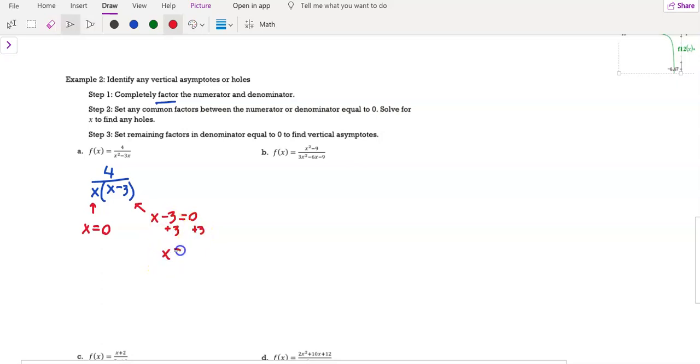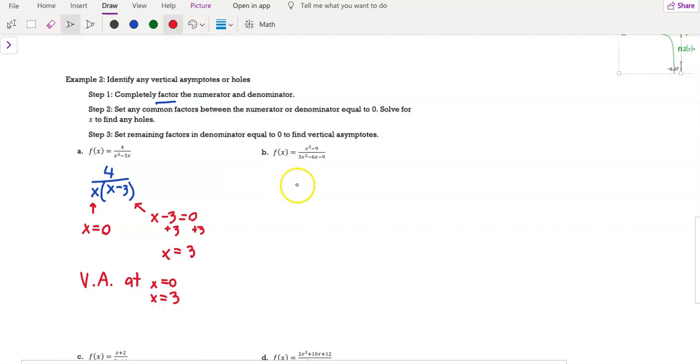And I get x is equal to 3. And both of these would be my vertical asymptotes. So I'd have vertical asymptotes at x is equal to 0 and x is equal to 3. And that's all there is to it for that one. Okay, this one doesn't have any holes. We'll discuss holes in our next example, letter B.